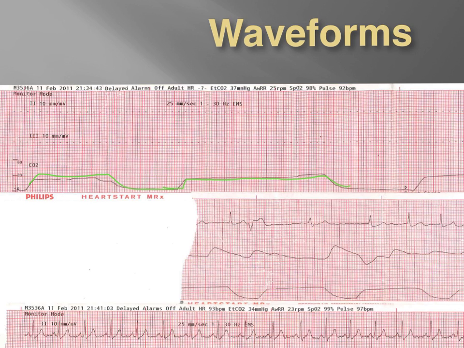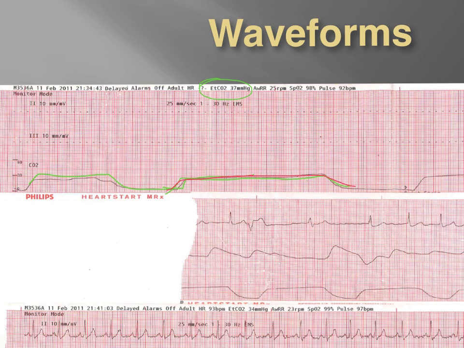Now, size of the waveform, especially initially when we're looking at ventilatory status, can give us a better indication as to what the numbers actually are. For example, in this illustration, it looks to me that 37 millimeters of mercury may not be entirely accurate for these waveforms here.